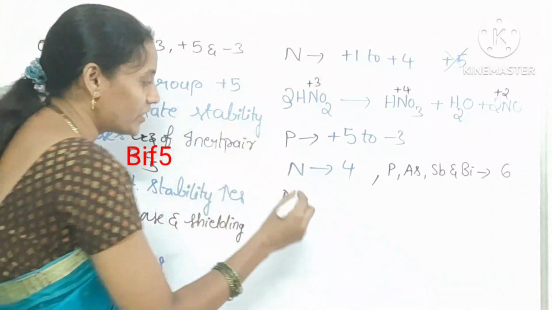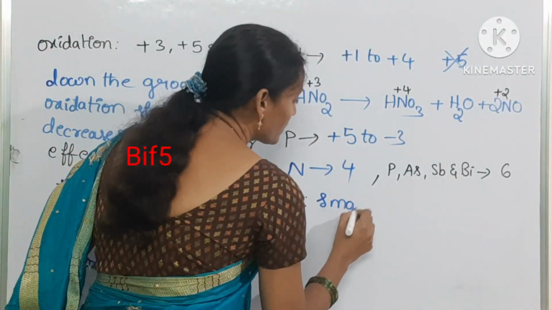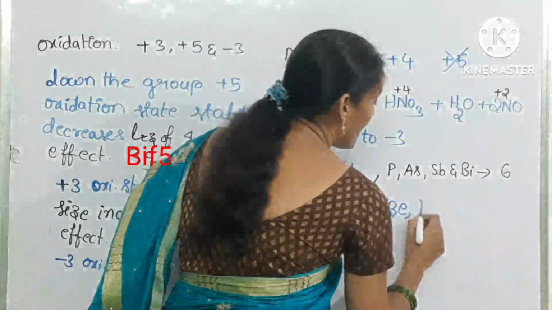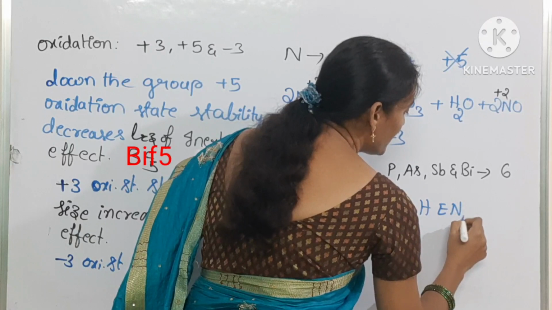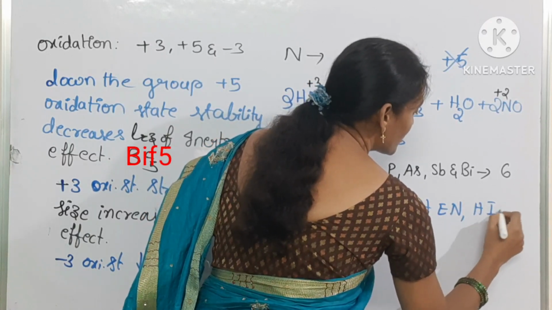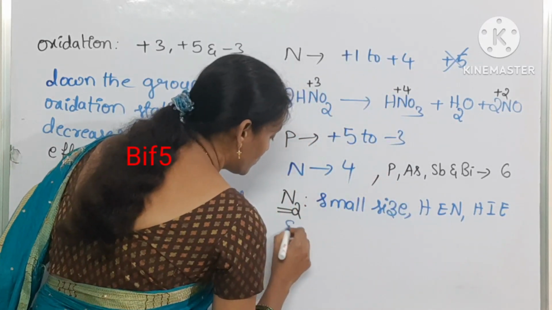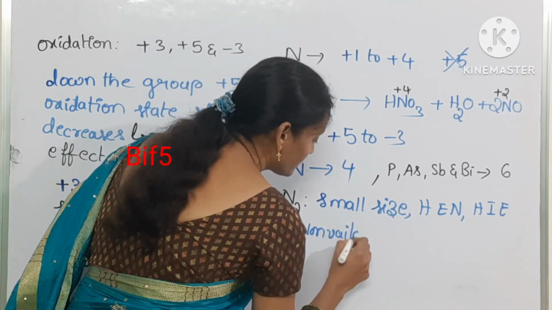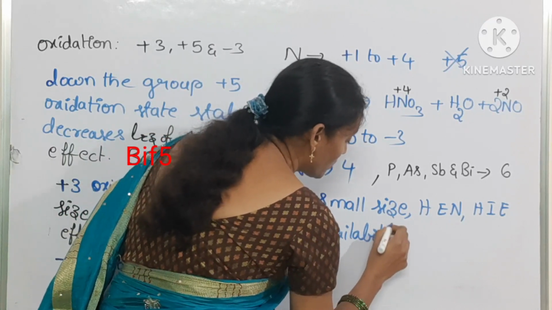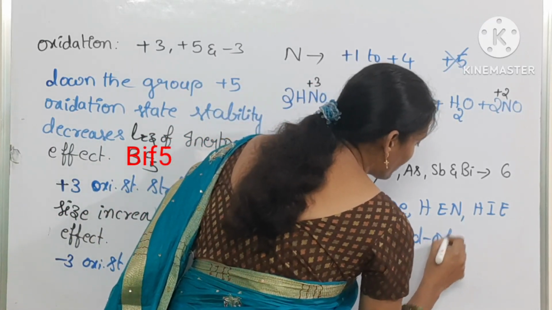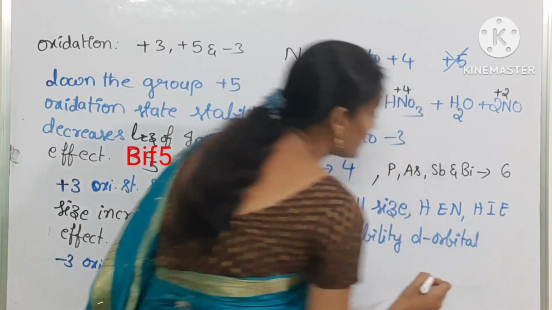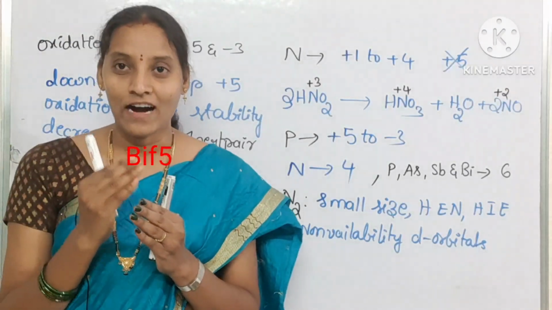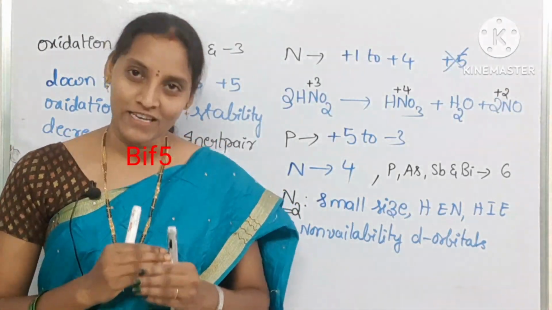Because it has small size, high electronegativity, high ionization enthalpy and non-availability of d orbitals. These four properties make nitrogen unique when compared to the other members of the same group.